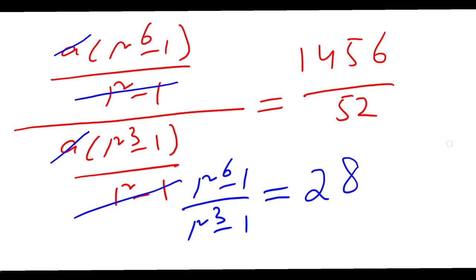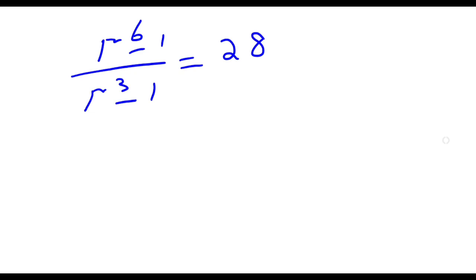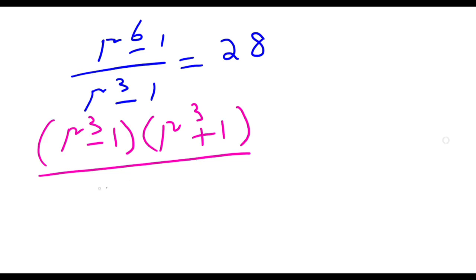Now I'm going to factor the numerator using the difference of squares formula. So the top is going to be r power 3 minus 1, and one term with a negative sign and one term with a positive sign, over r power 3 minus 1, is equal to 28.